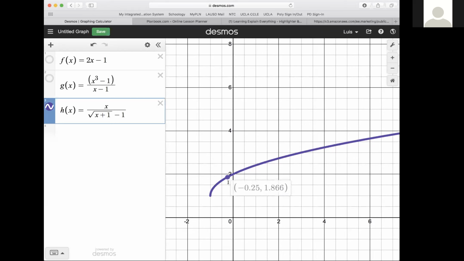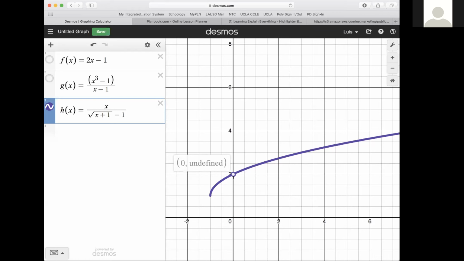But when you're so close to the x value of 0, the y value is not 2, it's undefined. Why do you think we have an undefined answer and not 2?